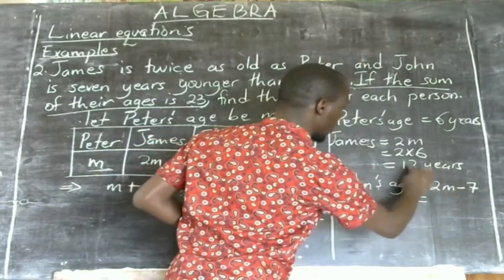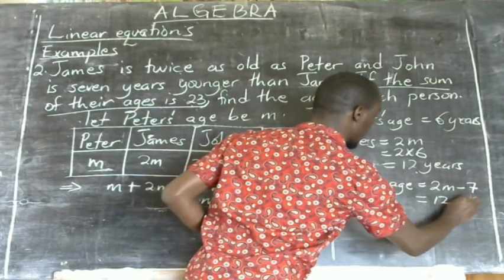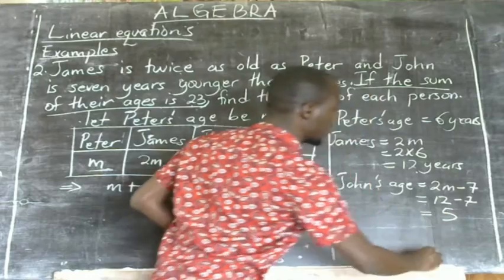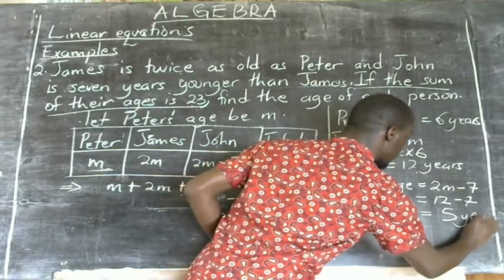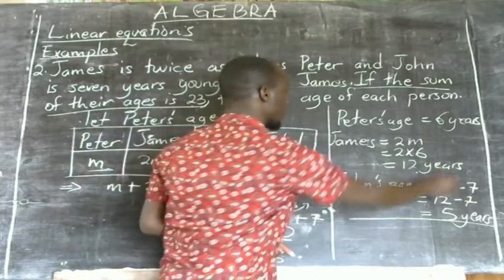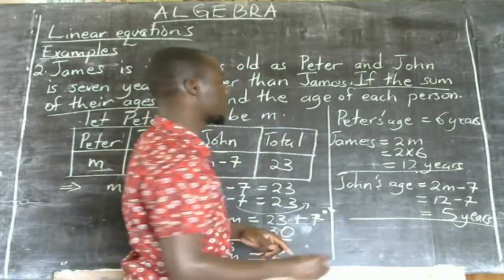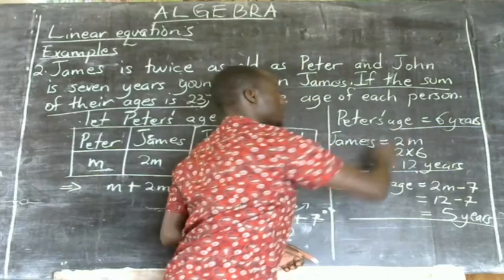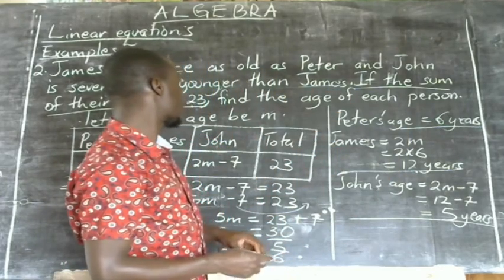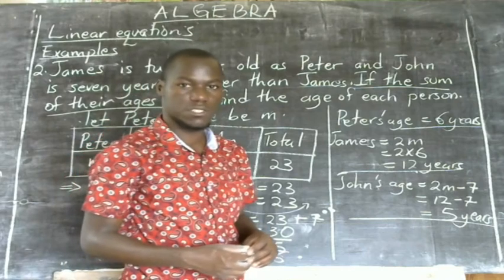So the 2m, we have got it as 12. So 12 minus 7 is going to give me 5 years. So Johnny's age is that. That one is the one for James. And finally that one is the one for Peter. The question wanted the age of each person.